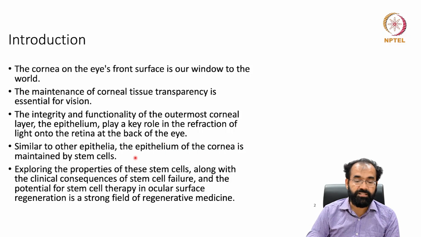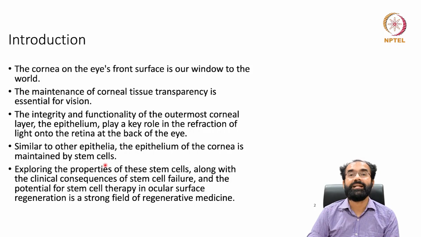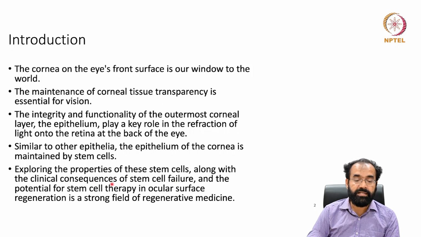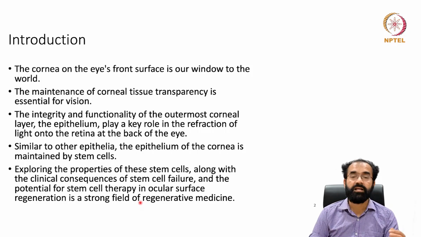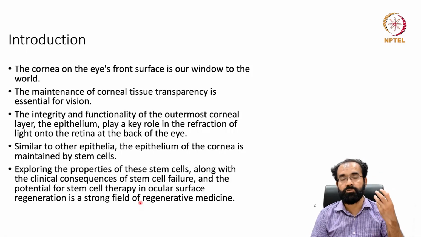Similar to other epithelia, the epithelium of the cornea is maintained by stem cells. So exploring the properties of these stem cells, along with the clinical consequences of stem cell failure and the potential for stem cell therapy in ocular surface reconstruction, is a strong field of regenerative medicine, because there are a number of scenarios. It's not that you have to be exposed to an acid or some chemical to damage your cornea. It can be a mechanical injury also.